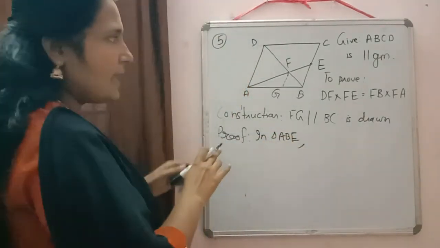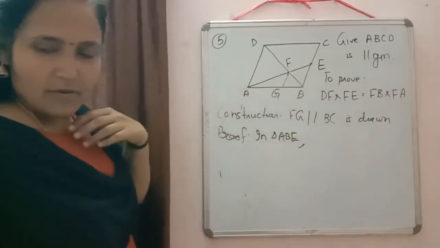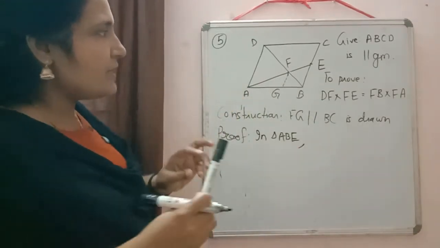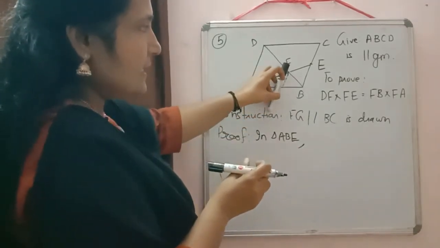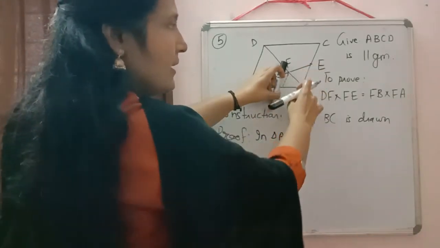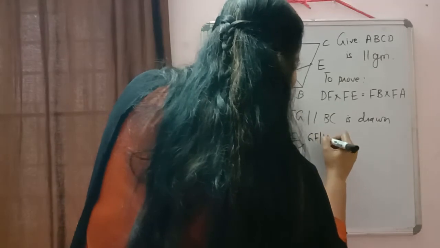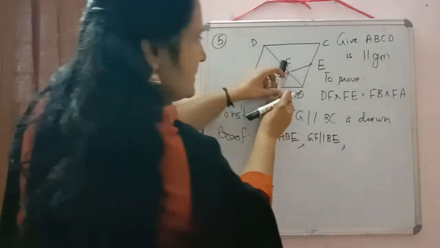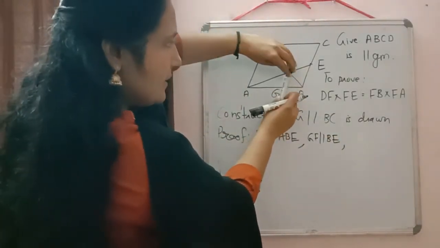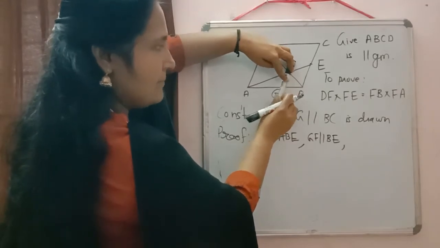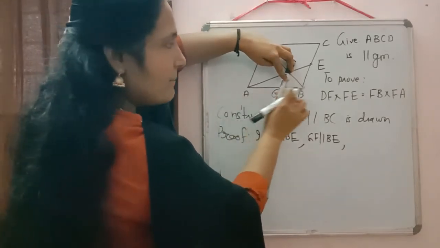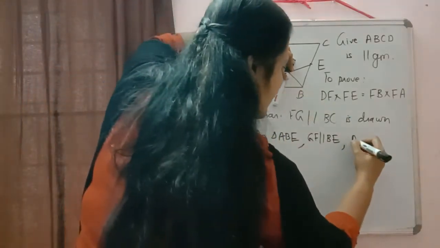In triangle ABE, what is the parallel line segment we have? GF is parallel to BE. Then which two ratios will be the same?